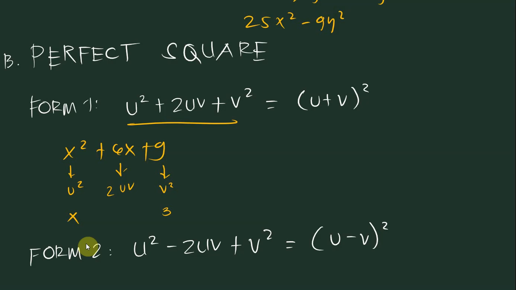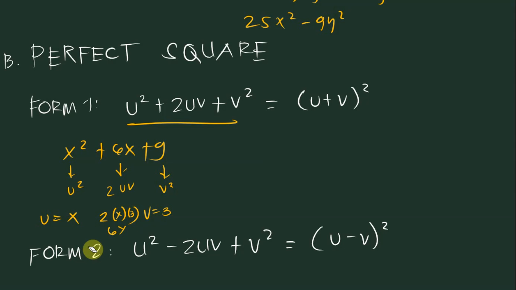Because if you square 3 you get 9. So u is equal to x and v is equal to 3. And then 2uv, we check here: our u is x and our v is 3. If we multiply that, we get 6x, which is exactly what this is.